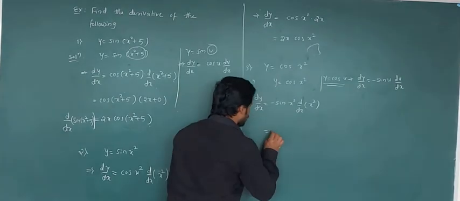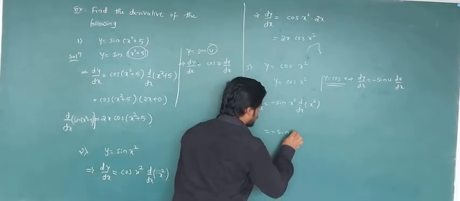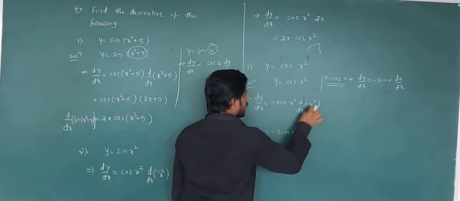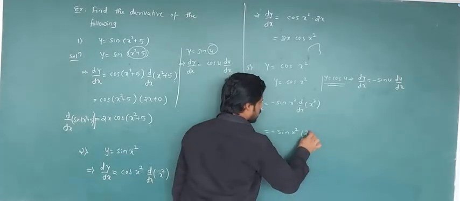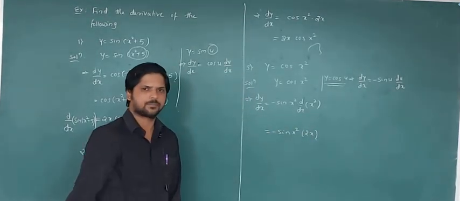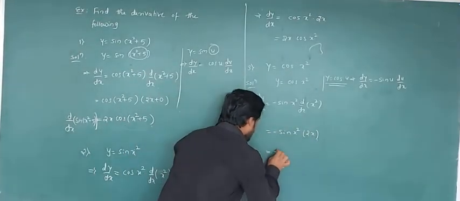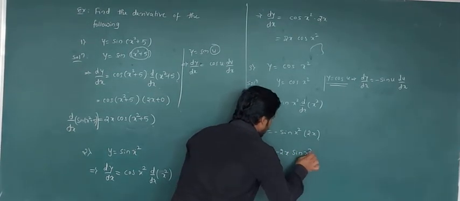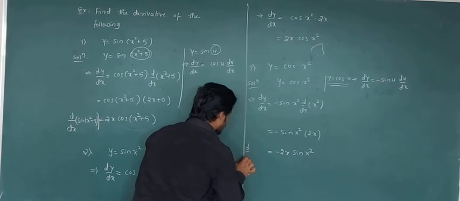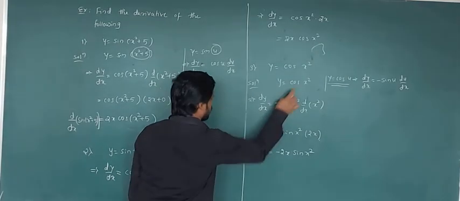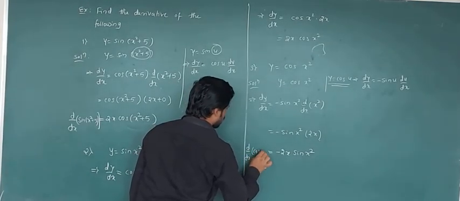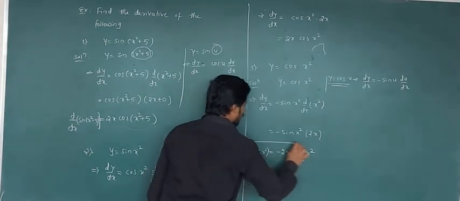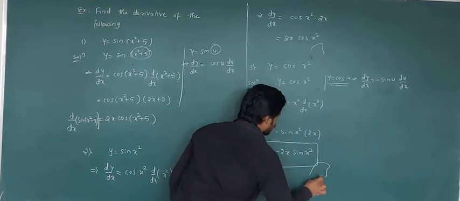This is equal to minus sine x square into differentiation of x square, which we know is 2x. So solution is minus 2x into sine x square. This is the derivative of d by dx of cos x square. This is the solution.